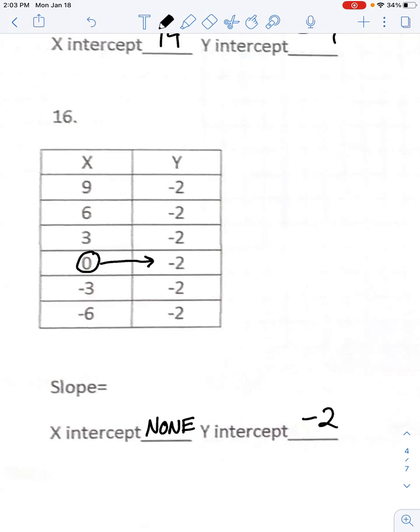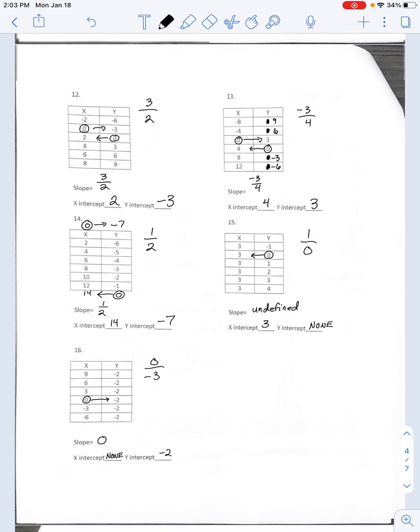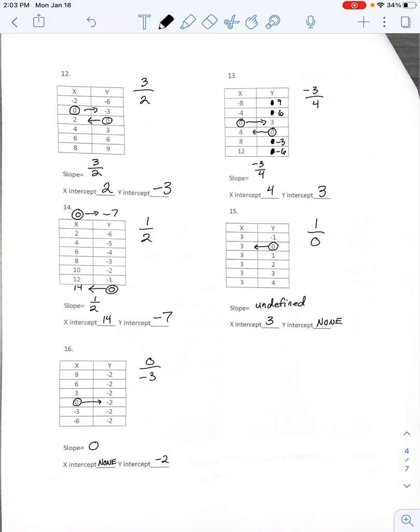For the slope, y over x, there is no change in the y column, so 0 on top. For the x column, 9 to 6 to 3, it's going down every 3. And 0 divided by anything is 0, so your slope is 0. And there is that page at a glance.